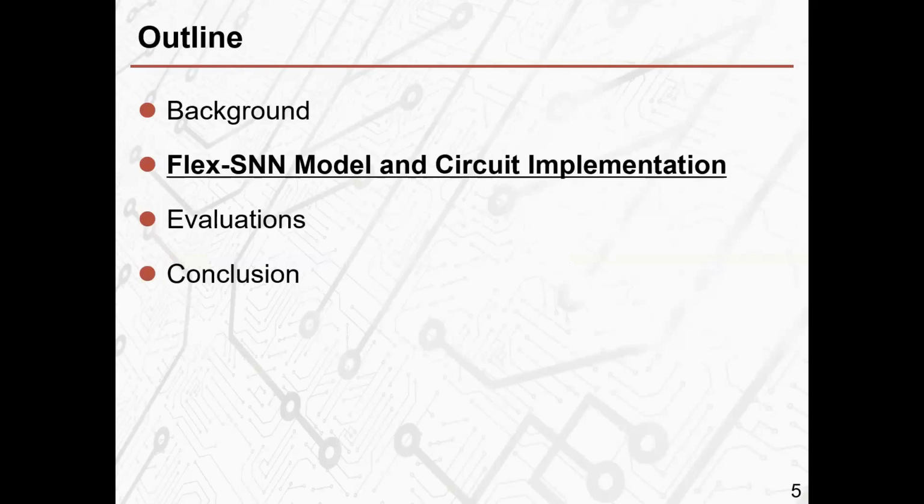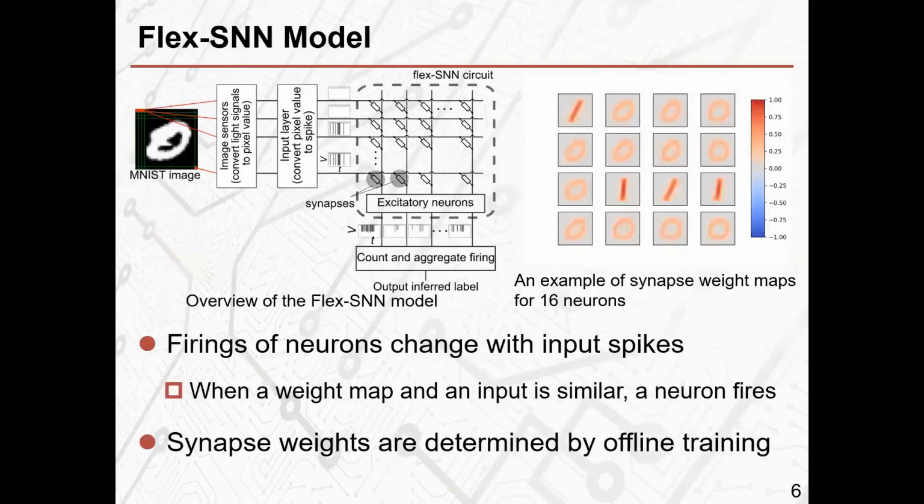Next, I show the Flex-SNN model structure. The left side figure shows the Flex-SNN model, which is composed of an input layer, matrix-like synapses, and excitatory neurons.